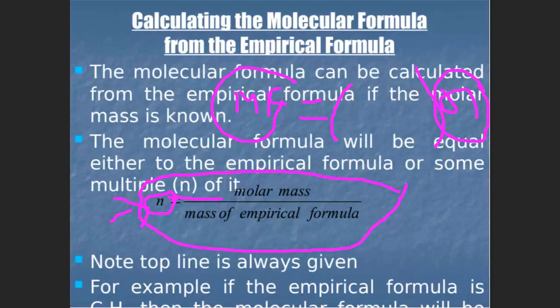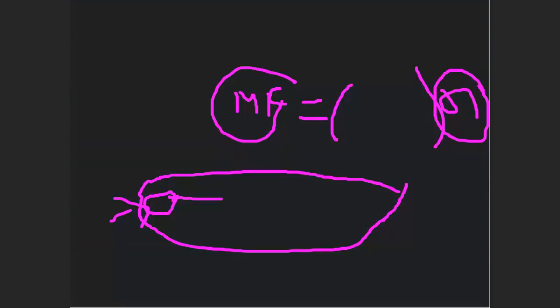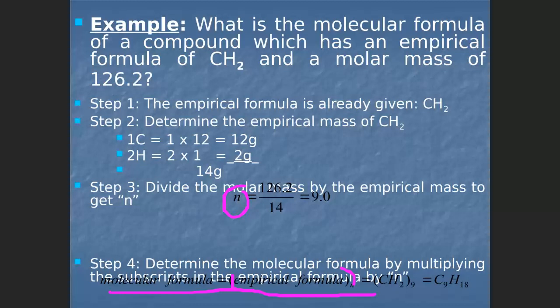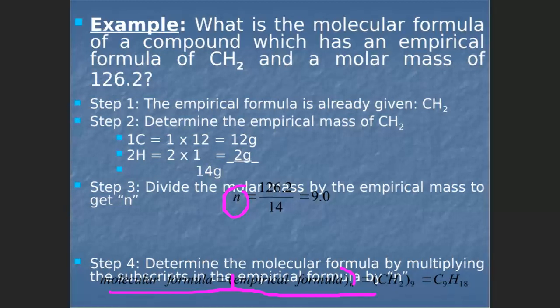So n equals molar mass divided by mass of empirical formula. When we have these two, we will know n is 1, 2, 3, 4, 5, whatever. And finally, we have the molecular formula equal to the empirical formula in parentheses, n.